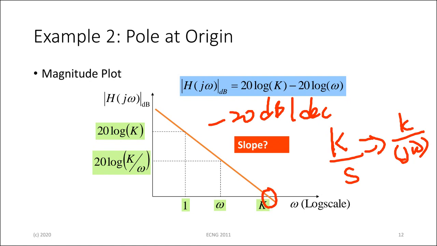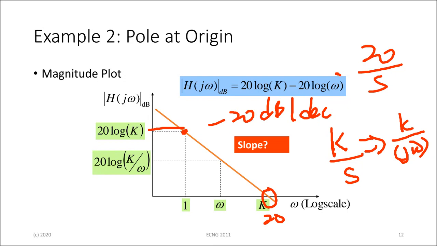So if you have something like 20 over s, when you're plotting it, the intercept will be at omega equal to 20, and then it goes backwards and passes through the point where omega is 1, and at that point the value will be 20 log k. All right?